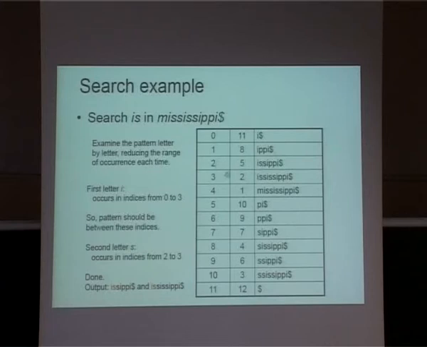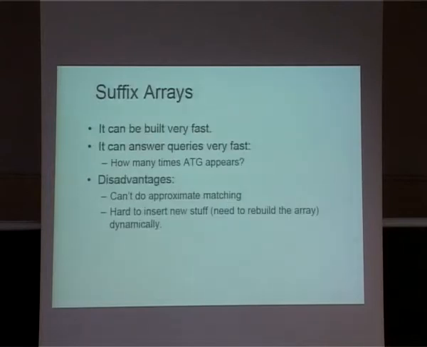Actually 0 to 3, all the suffixes that start with I. And the second letter is S, and S occurs in indices from 2 to 3, and this is what we return. The output is these two Mississippi suffixes, which have this "is" keyword as prefix. Okay.